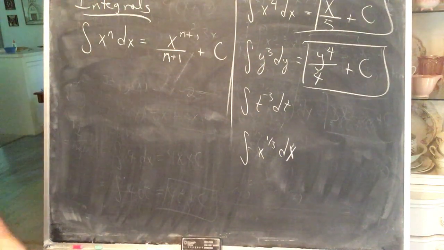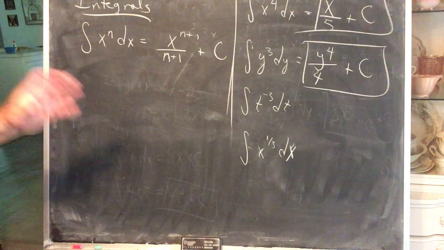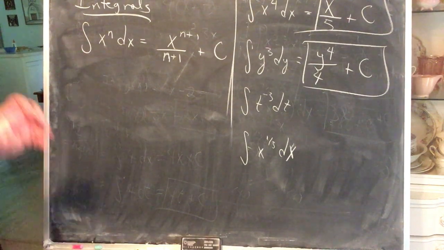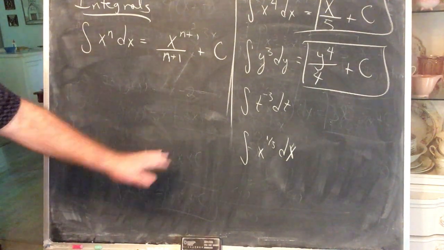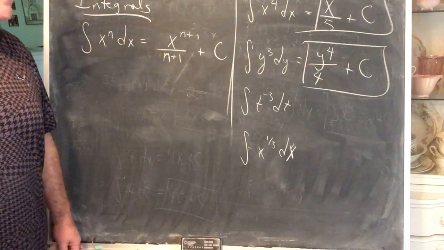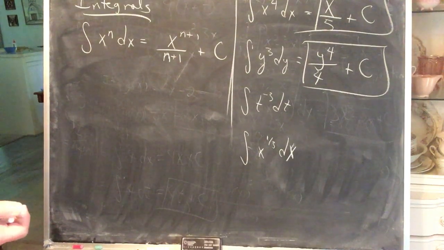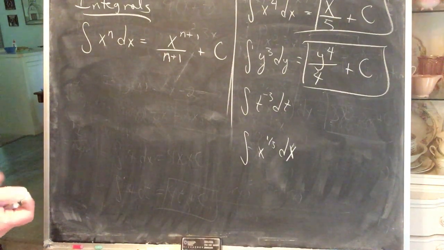If all you're being asked to do is find the antiderivative or evaluate the integral, then you do not need to simplify this. If you need to simplify it for some other reason, that's a separate issue. If all you're being asked to do is that, then all you need to do is find the result, put a box around it, and be proud of it.